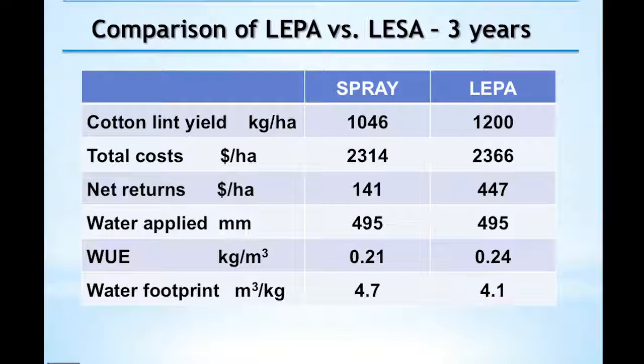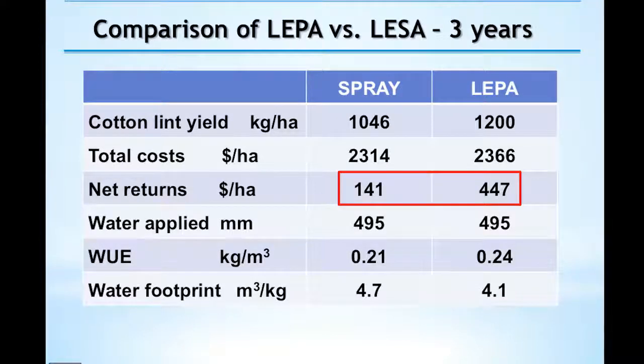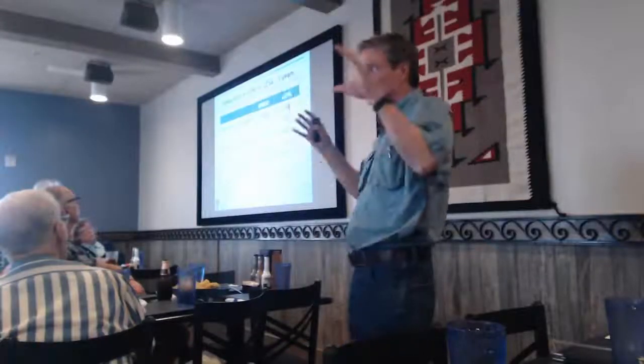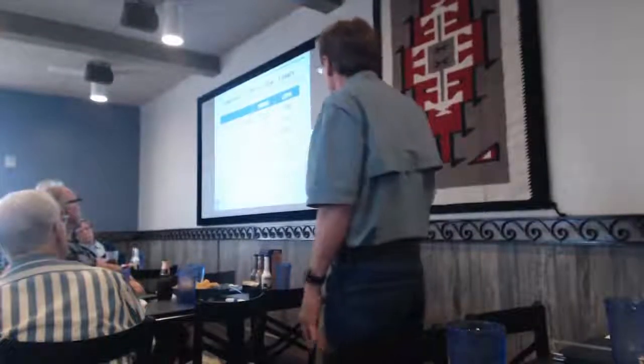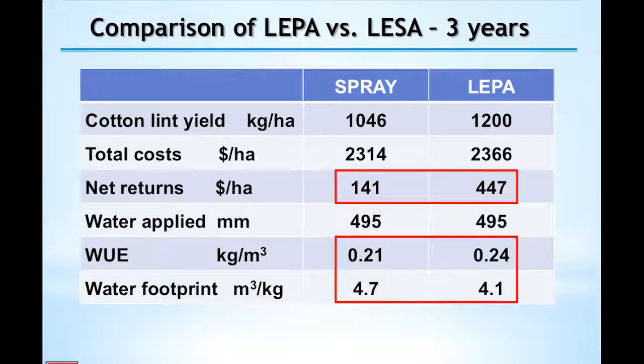Net returns were higher. Look at the money here. This is the money. It's higher because it is higher yield, and water applied was exactly the same because this little trial was done on purpose that way. Same amount of water applied, and now water use efficiency, and then I calculate water footprint from that.